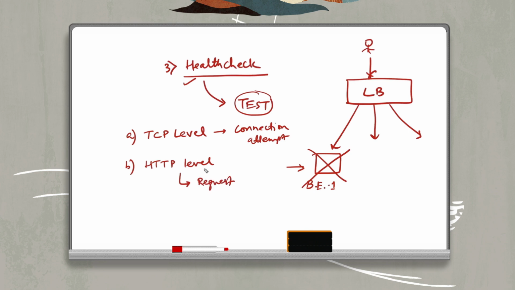In the case of HTTP level, the request is going to be sent to a specific URI, and then the response will be validated. But the primary purpose of the health check is to determine whether the backend servers are available and healthy.